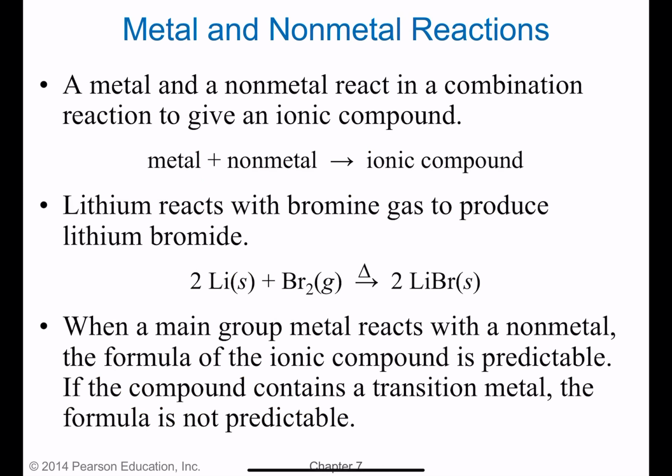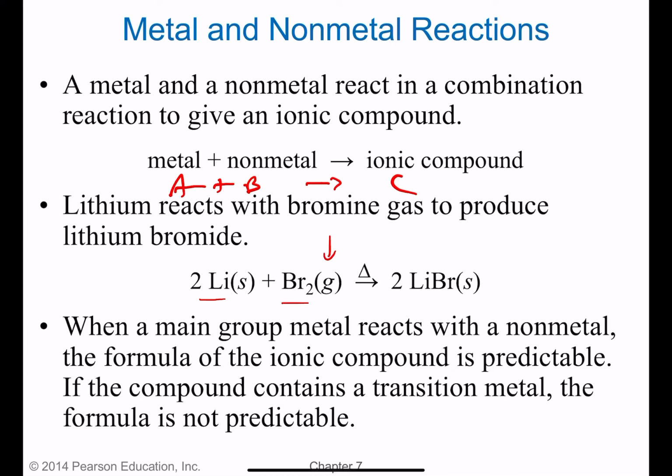And then next type of synthesis or combination reaction, a metal and a nonmetal. So A plus B yields some new substance C. And in this case, it's an ionic substance, but our example here, we've got lithium plus bromine gas. And I did say that bromine at room temperature is liquid, but here they're saying it's a gas.